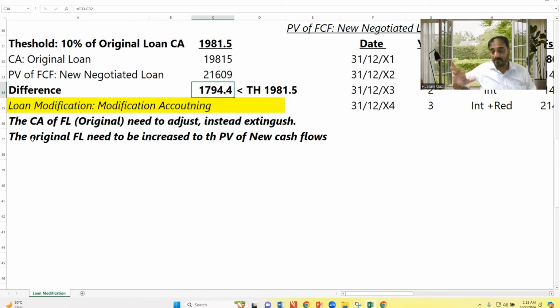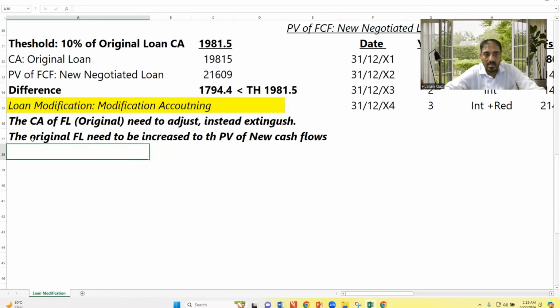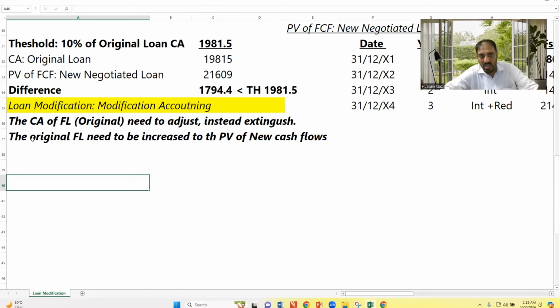It's possible that with the new loan modification the liability becomes decreased. But here the liability has become increased with the new terms. It depends on the negotiation. So what we should do is very simple.